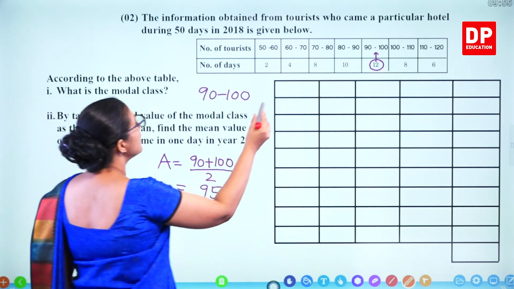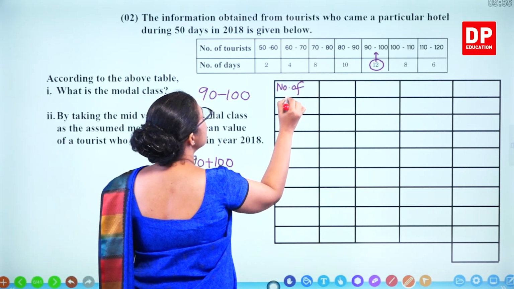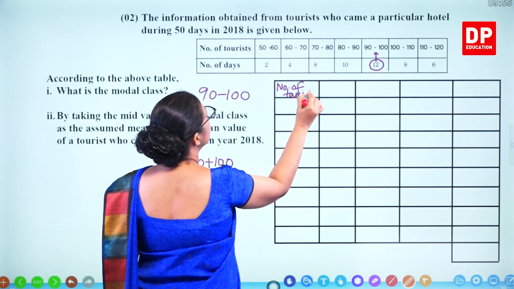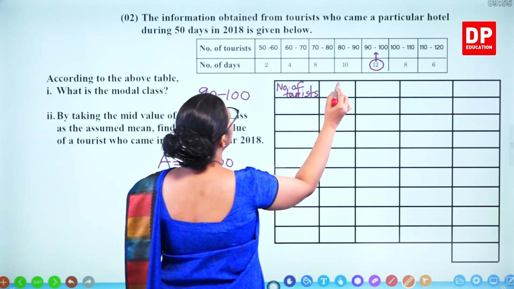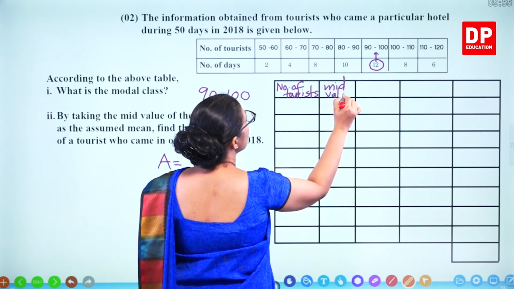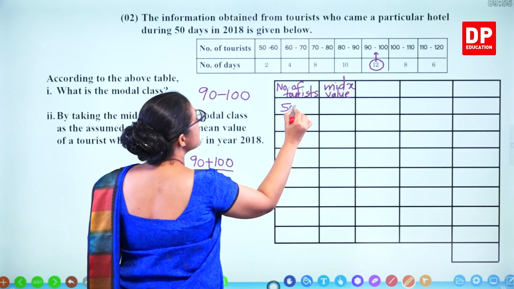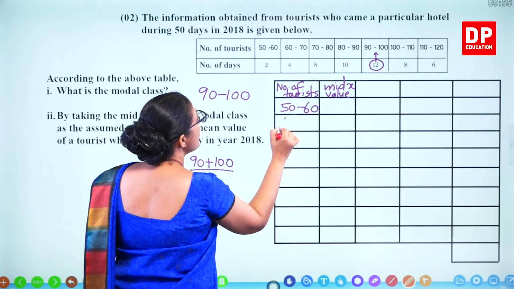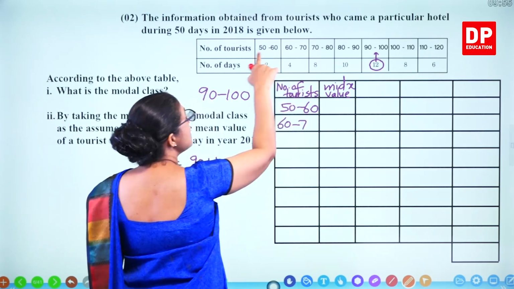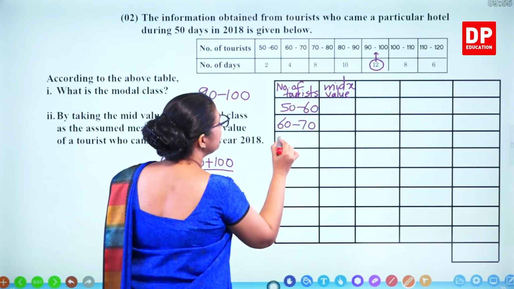Now we'll take these intervals, number of tourists, and the mid value you need. You take that one as x. So 50 to 60, here there are no gaps in between these values. So that means class boundaries are there.